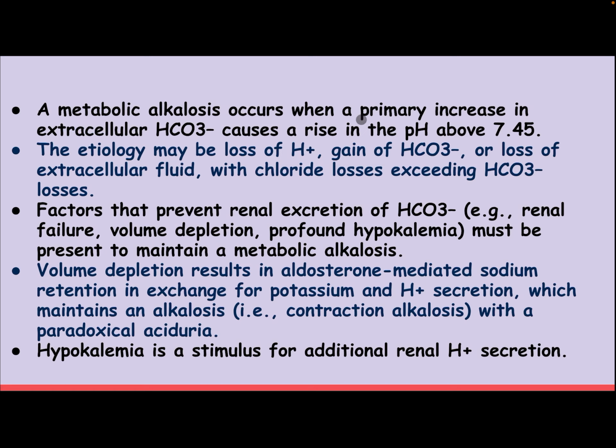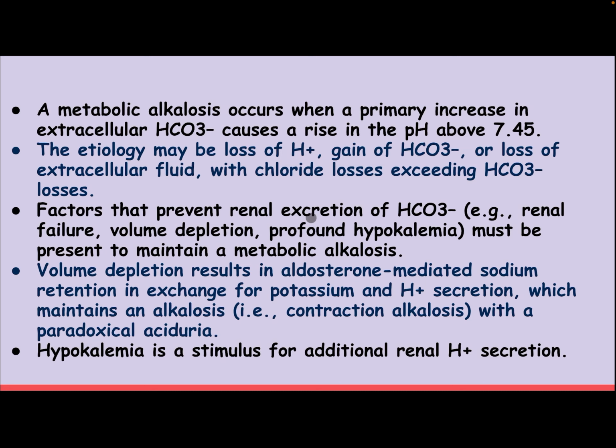Metabolic alkalosis occurs when a primary increase in extracellular bicarbonate causes a rise in the pH above 7.45. The etiology may be loss of hydrogen ion, gain of bicarbonate, or loss of extracellular fluid, with the chloride losses exceeding bicarbonate losses.